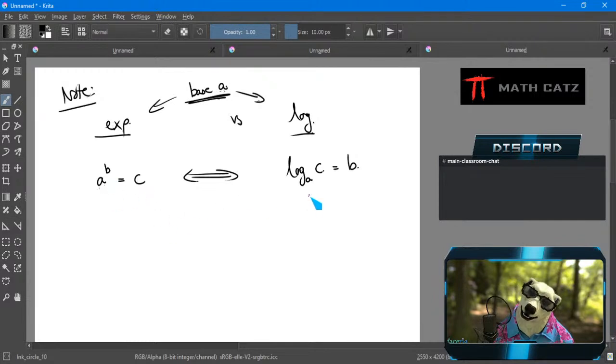The log side is the reverse. It says, give me the answer, and I'll tell you what the power of a should be to get you there. Okay? Very handy to be able to talk through it like this. I find it extremely helpful. Every now and then, people think, nah, I'm not going to do that. What does he know? I'll just memorize what I need to.